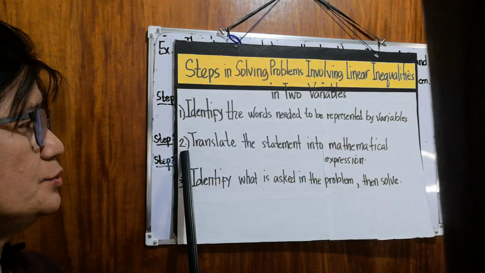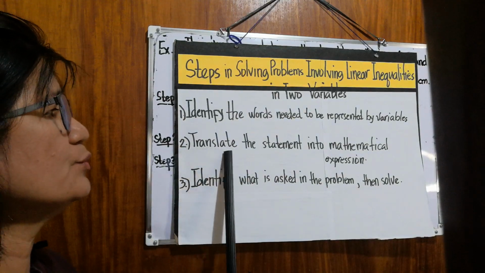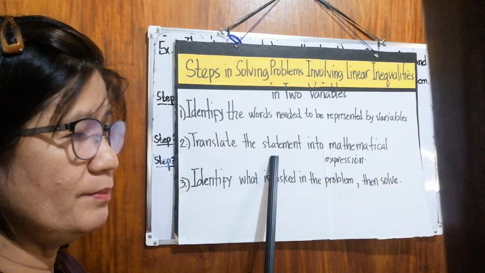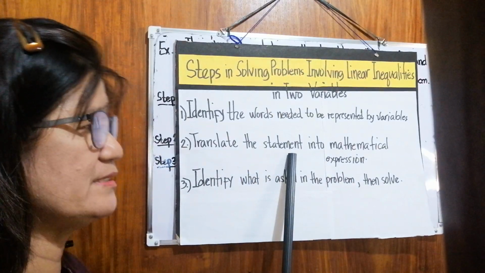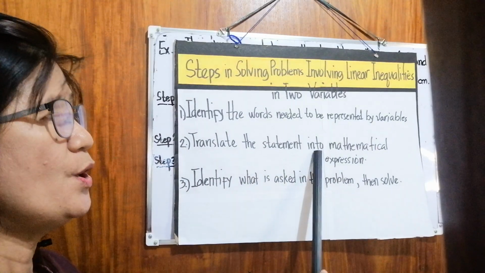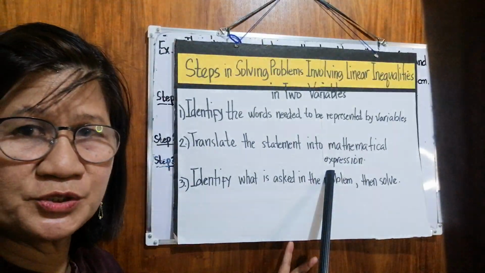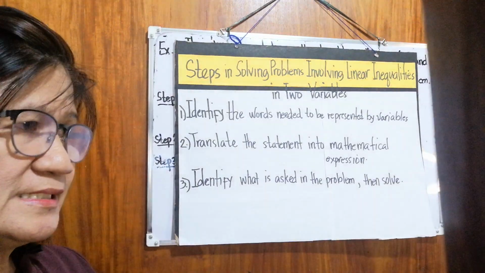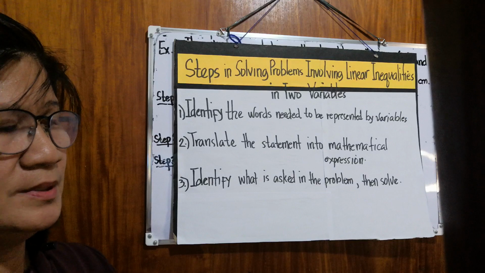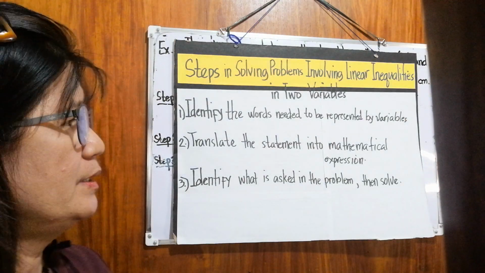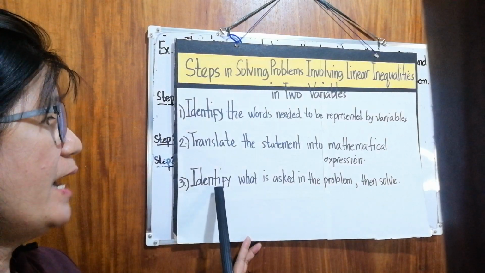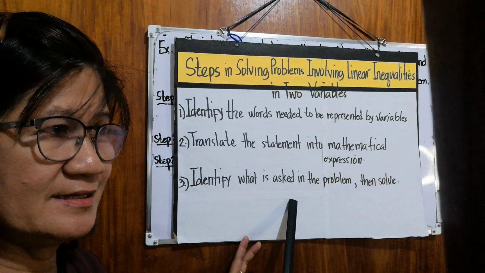Next, number 2, we're going to translate the given problem, or we're going to translate the given statement into mathematical expression. Okay? Ita-translate natin yung given problem. So, mahalaga na naiintindihan nyo kung ano yung problem. Then, number 3, identify what is asked.